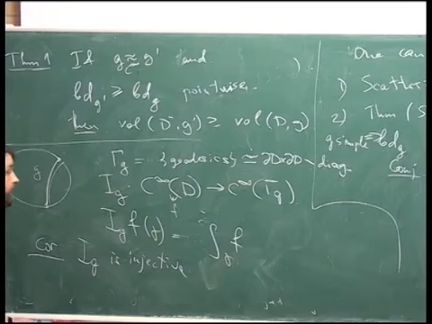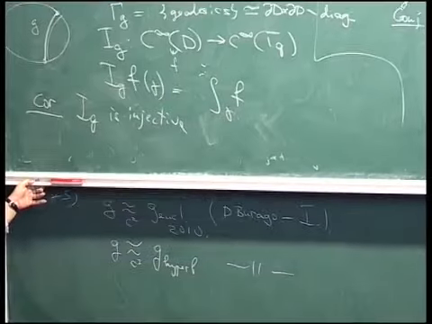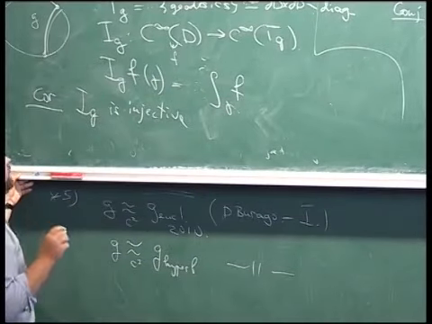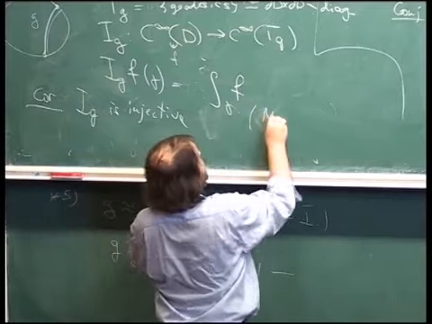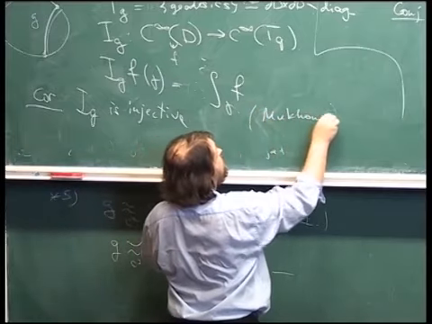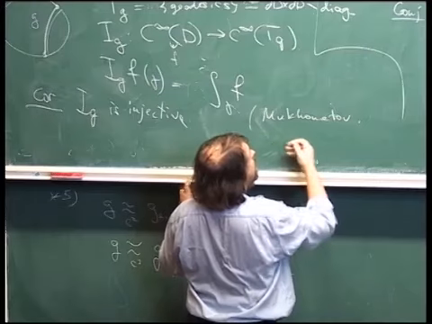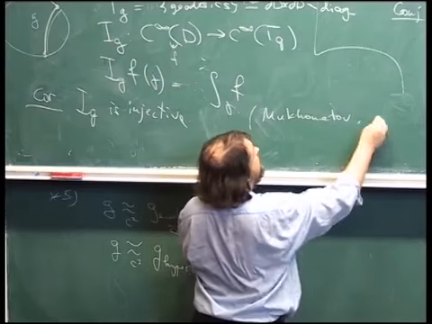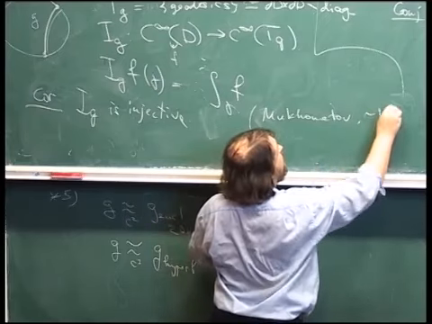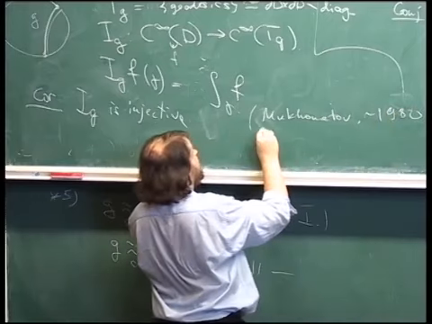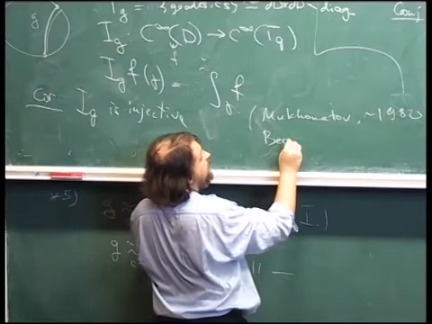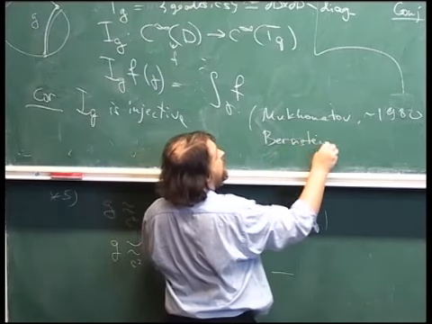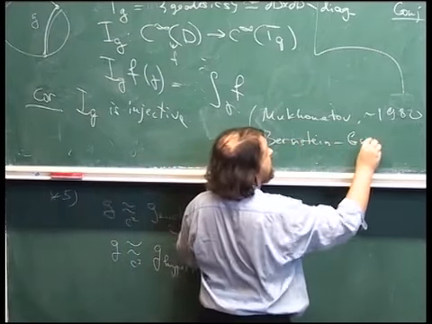And this is not new. In the Riemannian case, it was proved independently by Mukhometov in, well, it's hard to tell the date because there were several publications. Let me put about 1980, and independently by Bernstein and Gerver, approximately the same time.